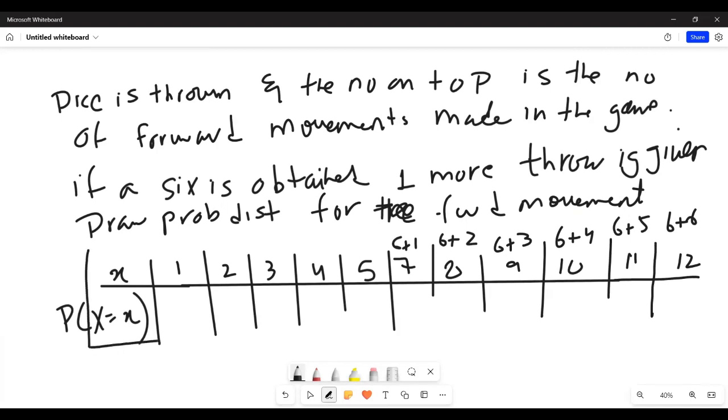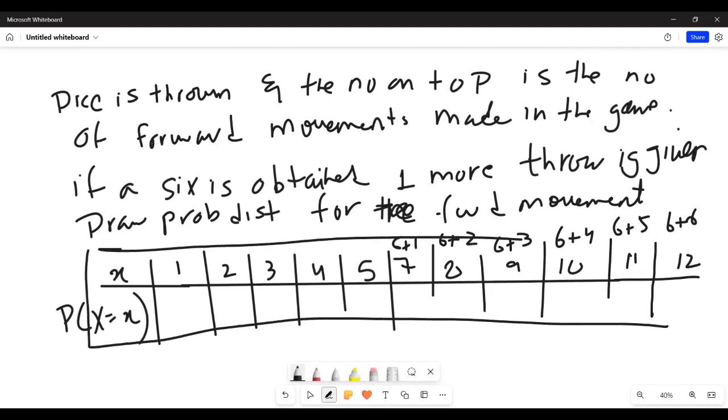These are the total number of forward movements that could be made.